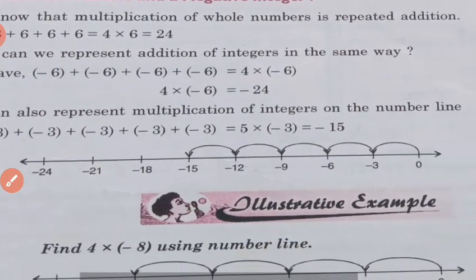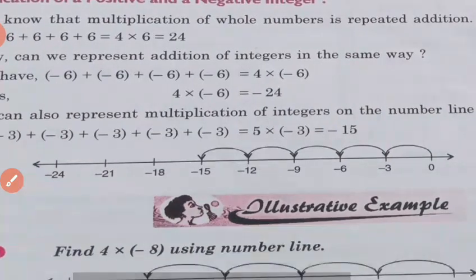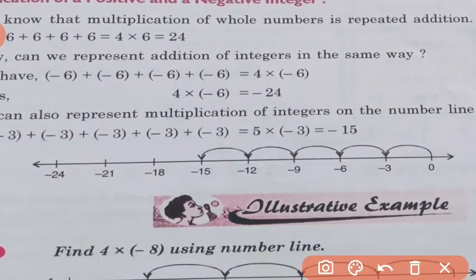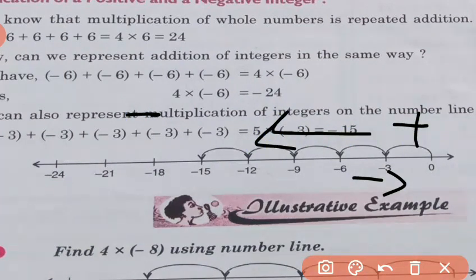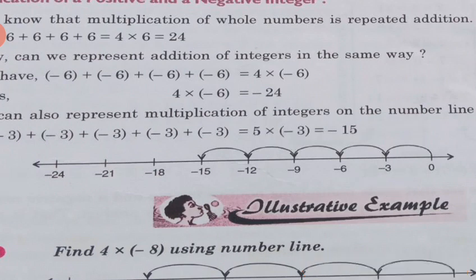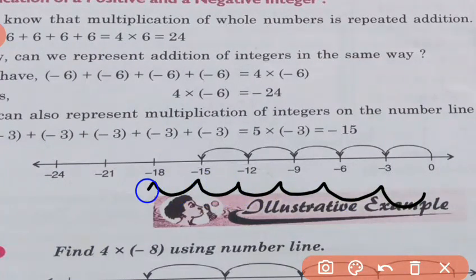Now we'll see how to represent this on the number line. We know that negative integers always lie on the left of 0. So here minus 3 is given 5 times. It means we have to take the difference of minus 3 numbers here. So 0, minus 3, minus 6, minus 9, minus 12, minus 15, minus 18 and it will go on. Now we have to multiply minus 3 how many times? 5 times.